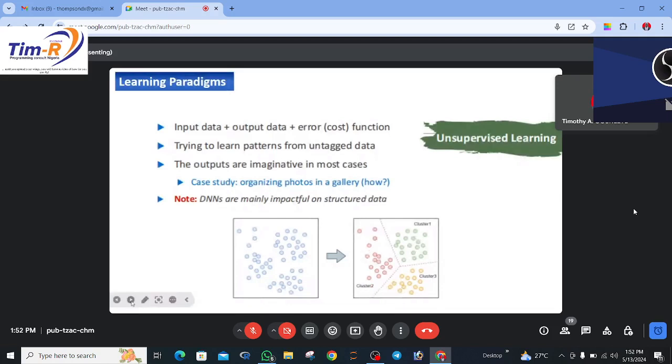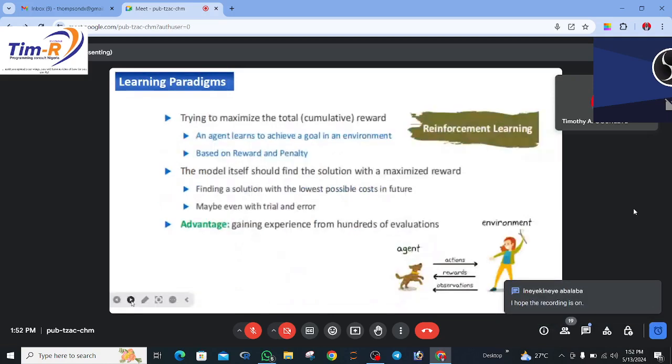Another one is reinforcement learning, which tends to be the best type of learning. It has to do with trying to maximize the total cumulative reward, which means an agent learns to achieve a goal in an environment based on reward and penalty.